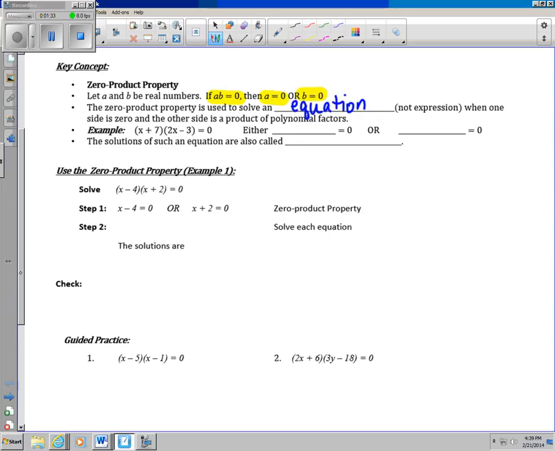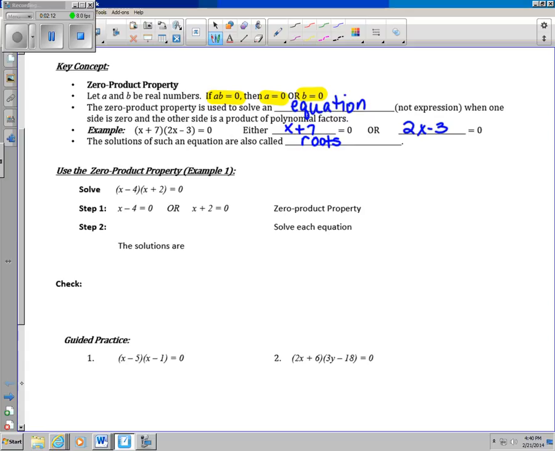For example, when we have x plus 7 times the quantity 2x minus 3 equals 0, since we're multiplying those two quantities together, either the quantity x plus 7 must be 0, or the quantity 2x minus 3 must be 0, because of the zero product property. The solutions of such an equation are also called roots.